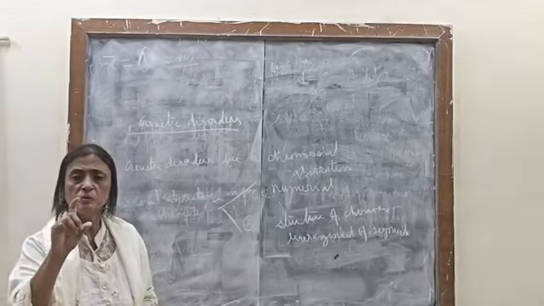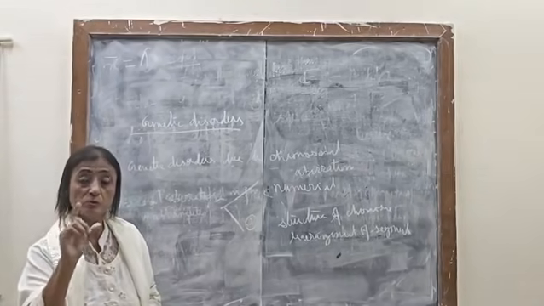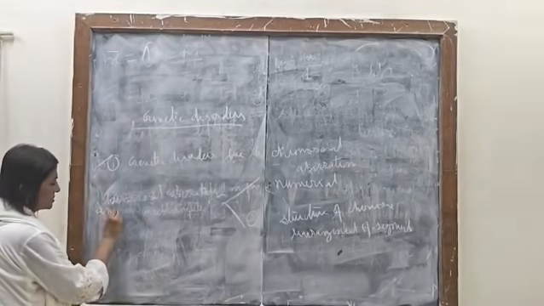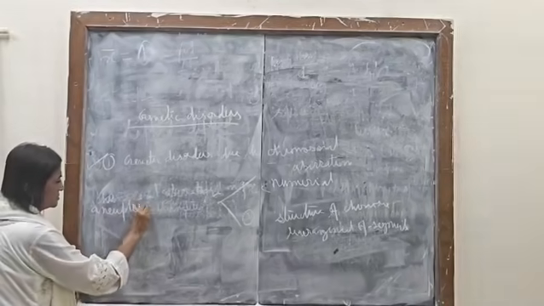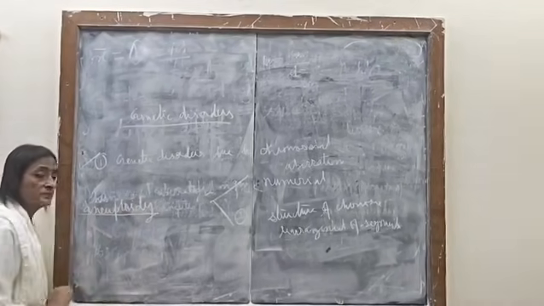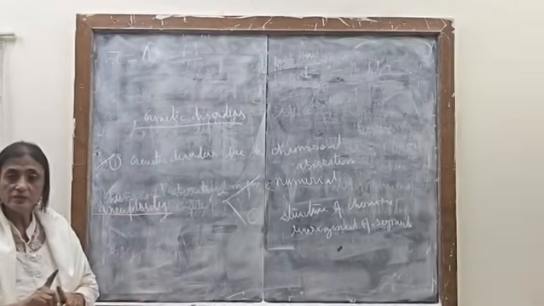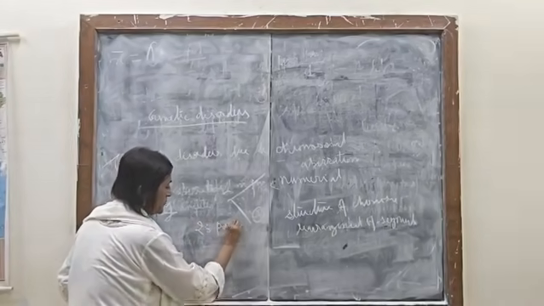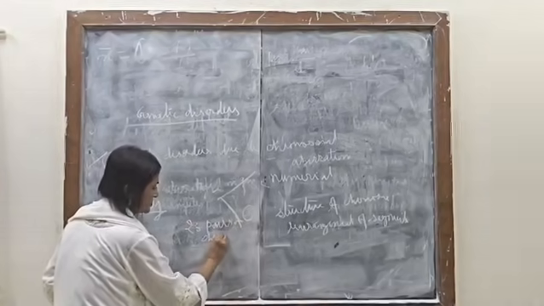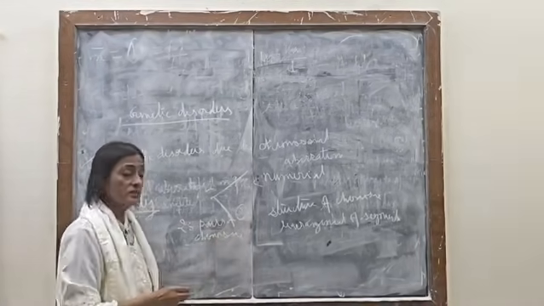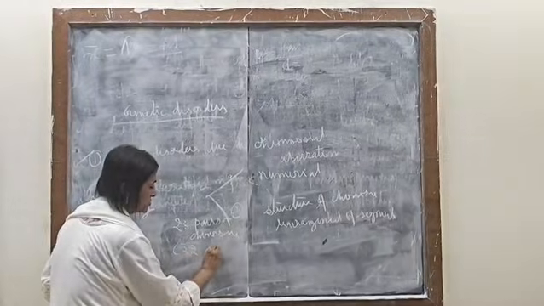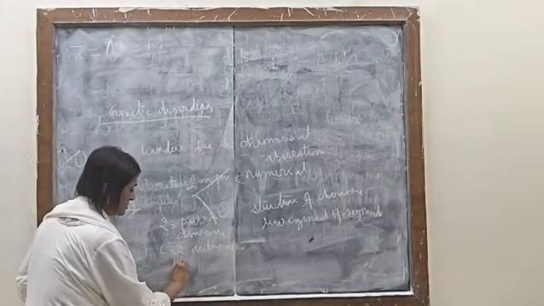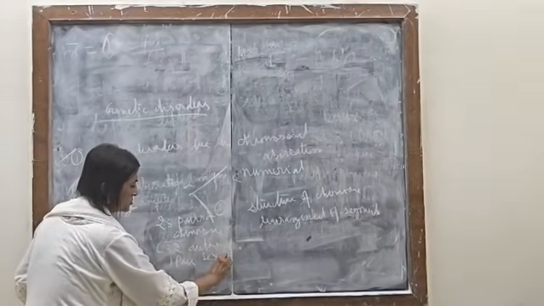Numerical means this abnormality is related to the number of the chromosome. Numerical aberration, and this type is called aneuploidy. Now, for the normal setup in the human being, the standard is 23 pairs of chromosomes. Of 23, 22 pairs are autosomes, and one pair is sex chromosome.